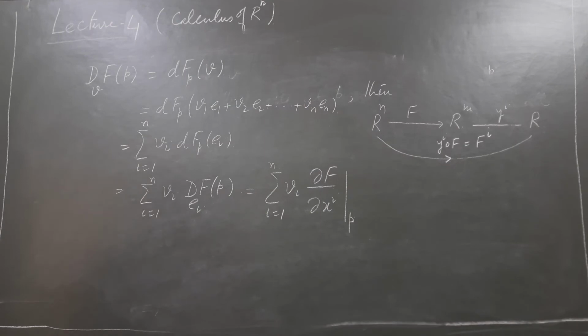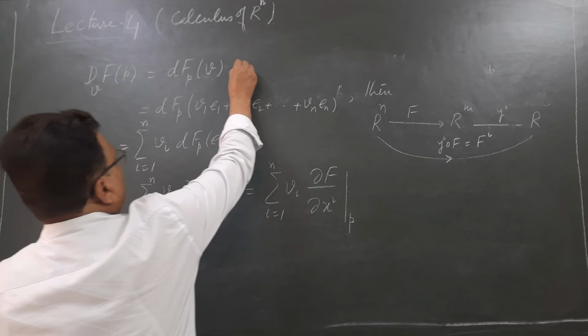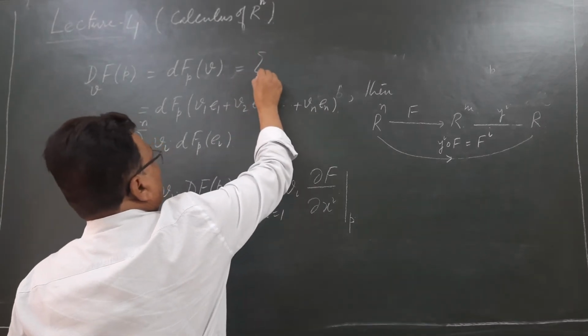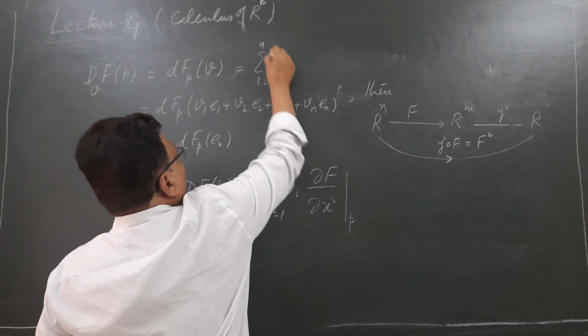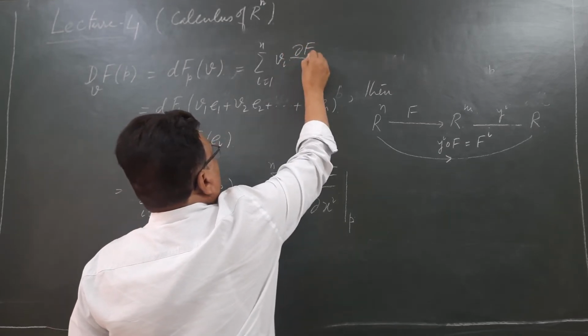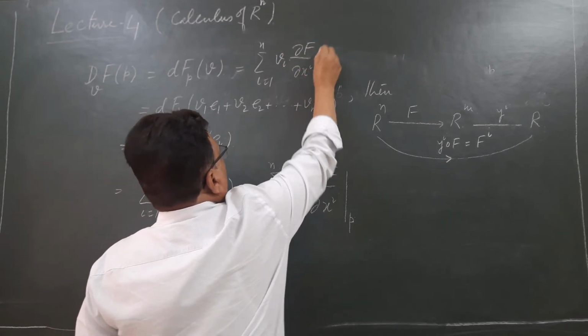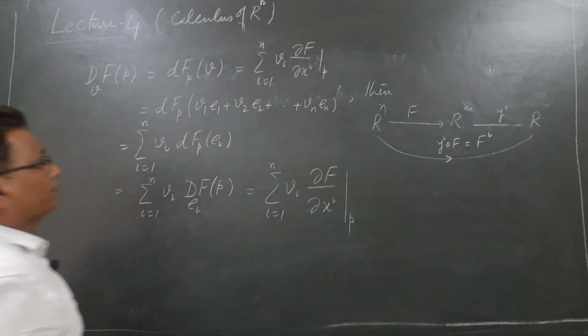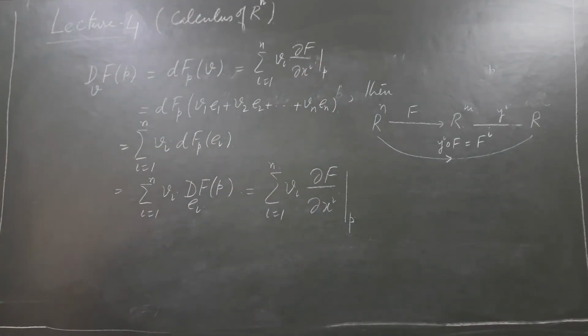Is it right? So you have got another equality. This is summation i 1 to n Vi del f upon del xi at the point P, with the understanding that Vi's are the components of V.